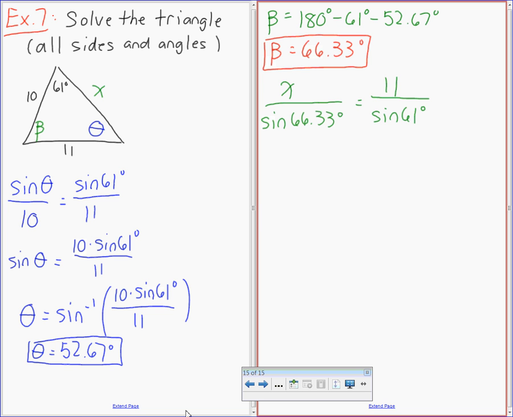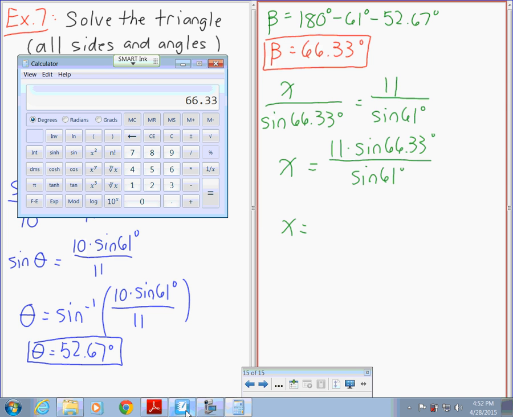All right, Cole, can you please isolate x? What do we do, please? Okay, good. x equals 11 times sine 66.33 degrees, all over sine 61. Great, and Brad, with your super duper new calculator, calculate that out for the class.